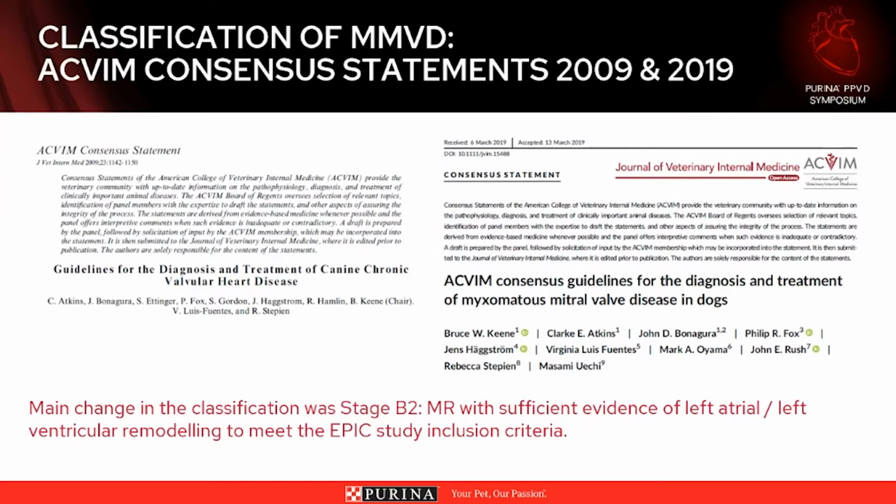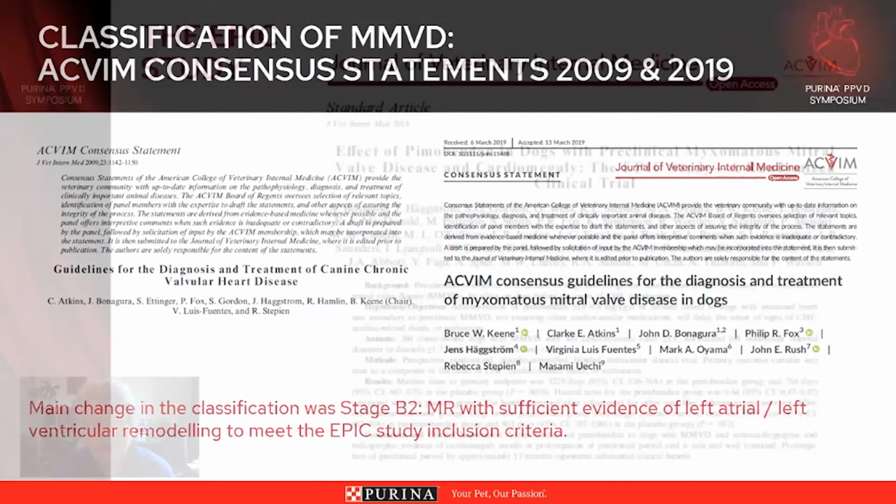And so obviously the evidence base for how we treat and manage these cases has been updated, but the change to the classification, which is the ABCD classification, is one of our preclinical stages, stage B2. That has shown there's enough left atrial and left ventricular remodeling to meet the EPIC study inclusion criteria.